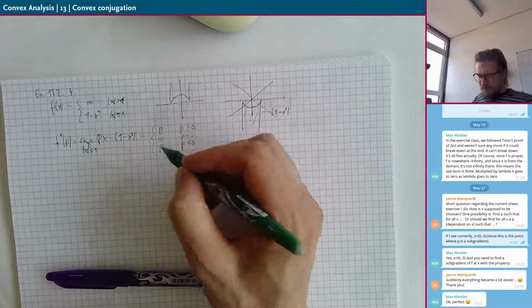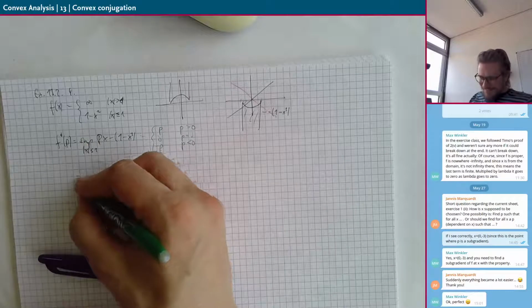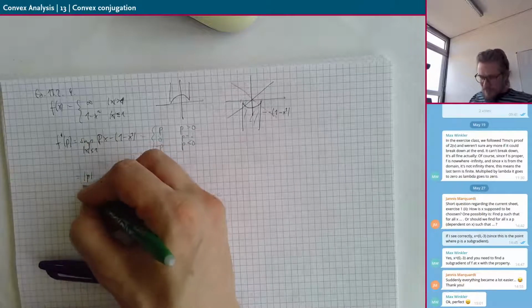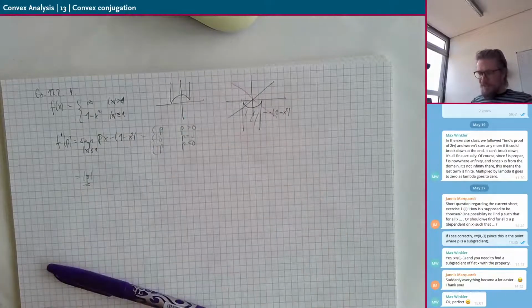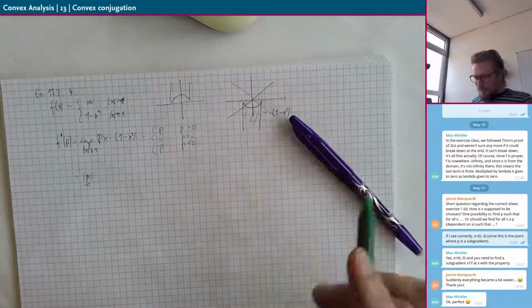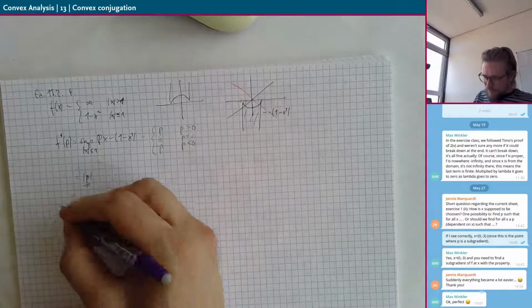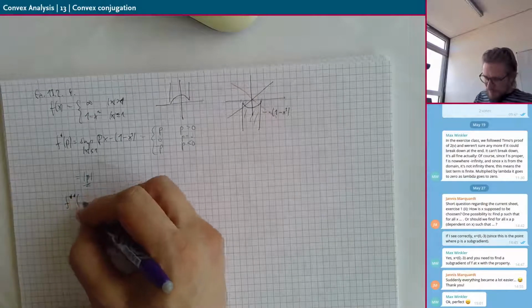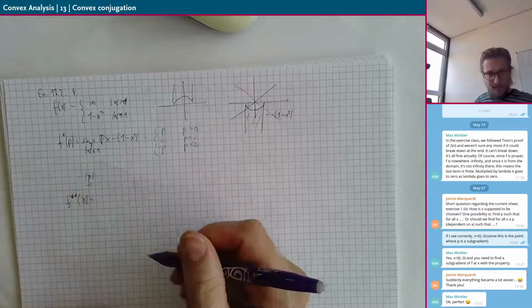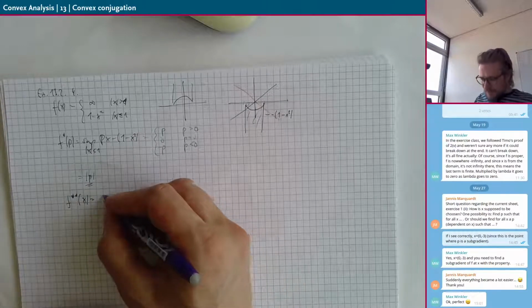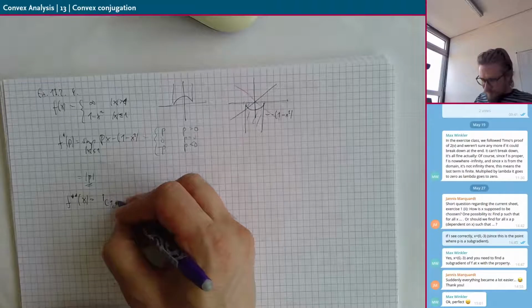So that is exactly the absolute value of p. The conjugate of that function is the absolute value, and we already know that the biconjugate, the conjugate of the absolute value, is the indicator function of the closed interval.